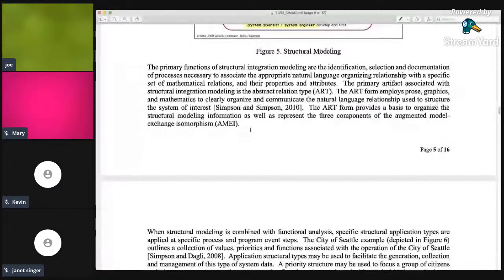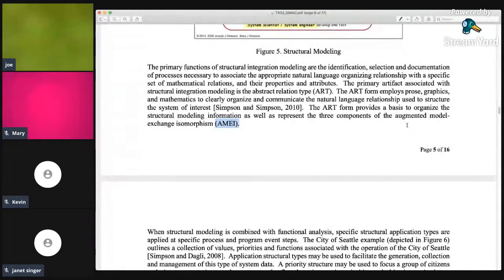The abstract relation type and, of course, the augmented model exchange isomorphism. We developed the augmented model exchange isomorphism to provide a logical, mathematical definition of the application structural types.